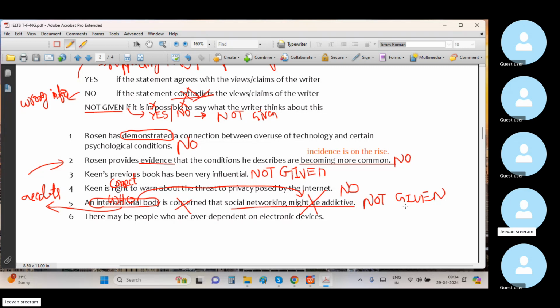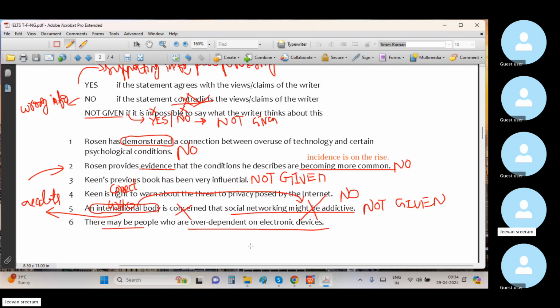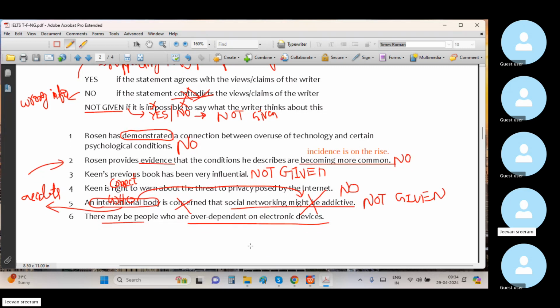Next, how about the sixth one? There may be people who are over dependent on electronic devices. So, is it yes, no, or not given? Guys, there may be people who are over dependent.